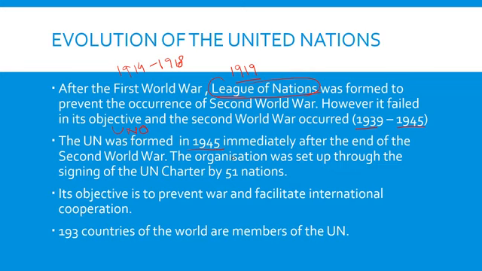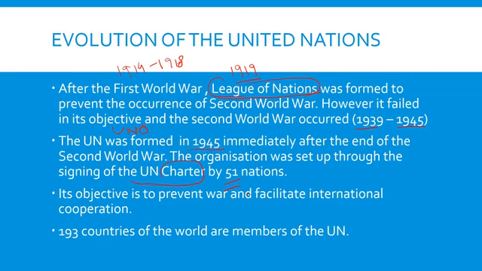The organization was set up by signing the UN Charter. Charter means a book of rules, a constitution for that organization. It was set up by signing the UN Charter by 51 nations. The objective was to prevent war and facilitate international cooperation.